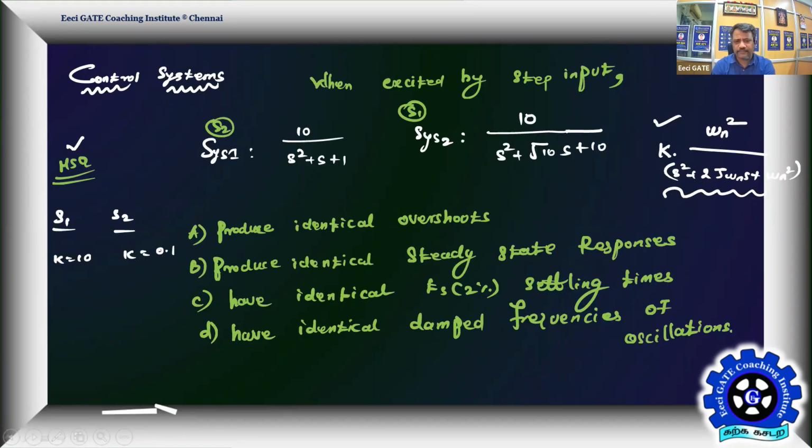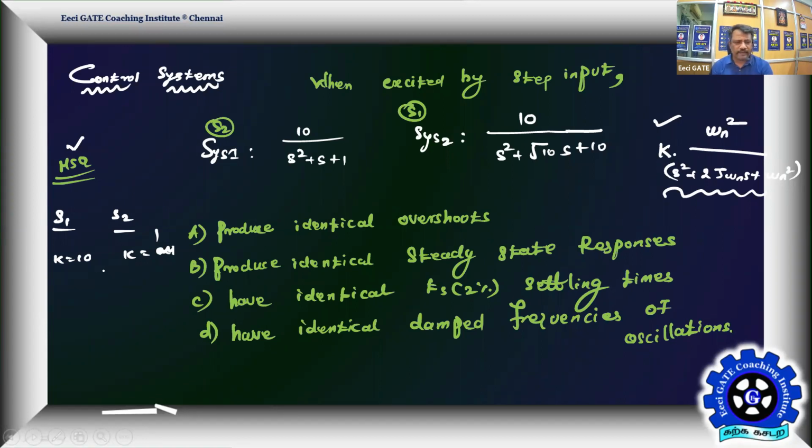This is 10 instead of 1. Yes, this is exactly the problem. What is K in the second case? It is not 0.1, that's where I got the doubt. It is 1. So system 2 has a static sensitivity of 1, and system 1 has a static sensitivity of 10.